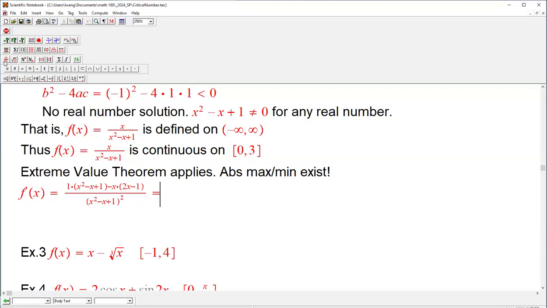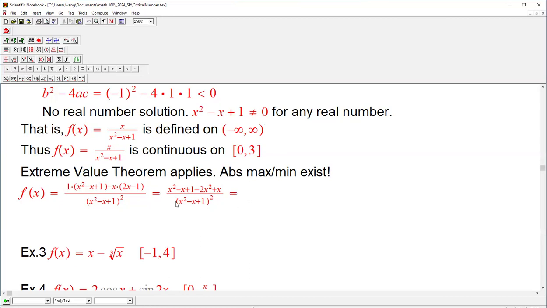Let's just copy and paste, so we don't have to type the denominator all over again. And x times 2x, that's going to be 2x squared. And so we're going to have 2x squared, right? That's negative. And x times negative x times 2x is negative 2x squared. Negative x times negative 1 is going to be positive x.